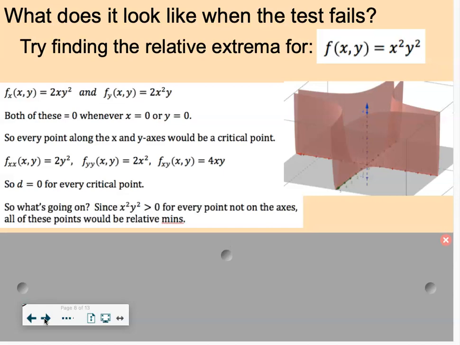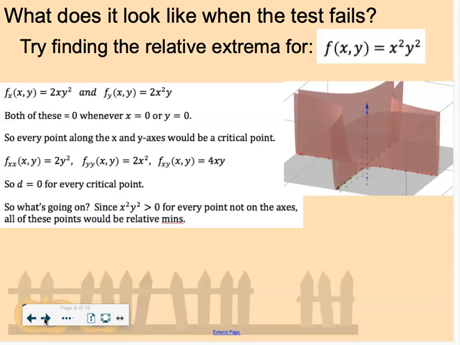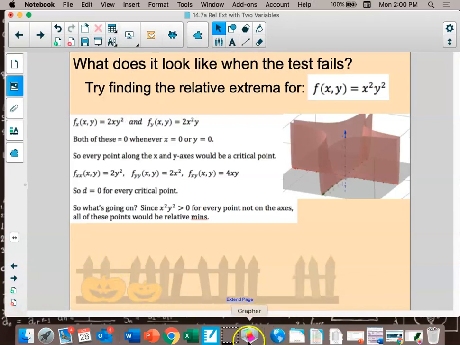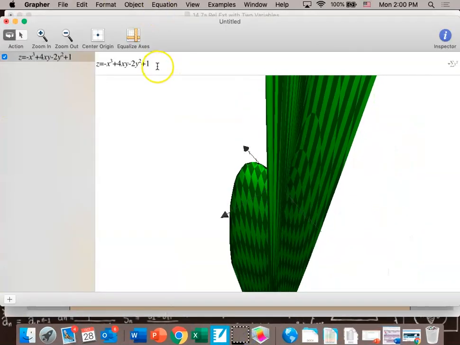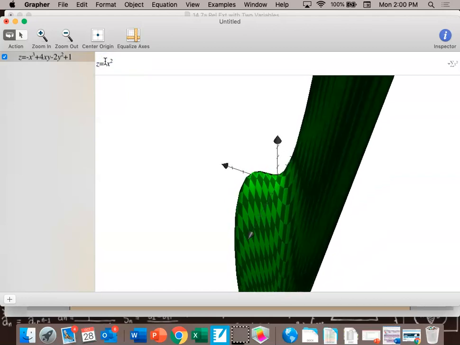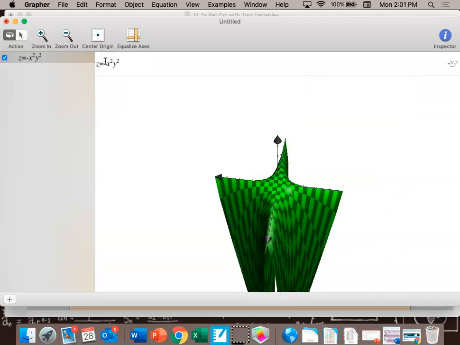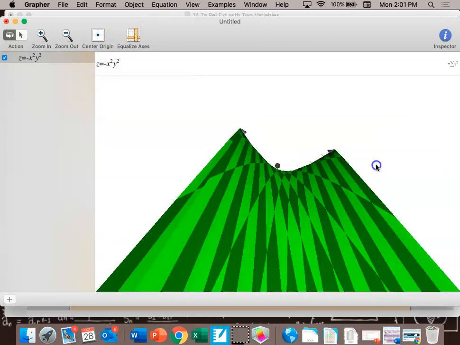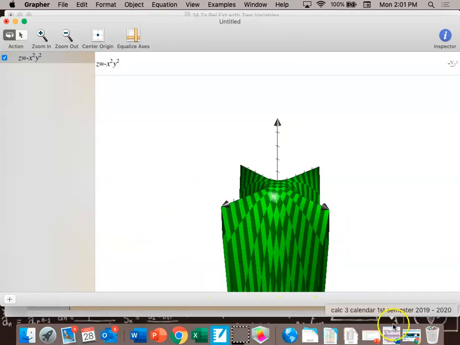If you look at the actual graph, I'm going to graph it in Grapher so you can see it better. So this is x squared, y squared. Did I turn it upside down?